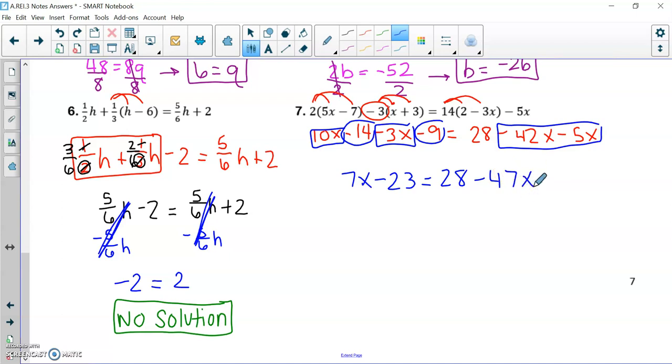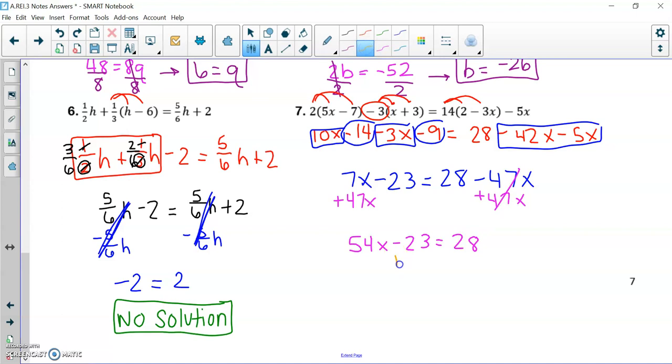All right, so this becomes a level 2 question now. We are going to get either the 7x over to the right or the negative 47x over to the left. I'm going to add 47x over to the left. So I wind up with a 54x minus a 23 is equal to a 28.